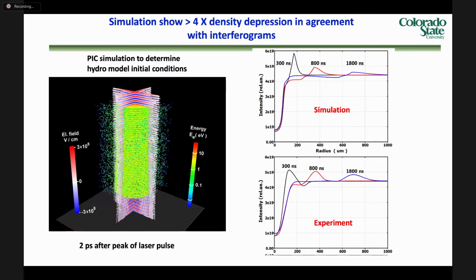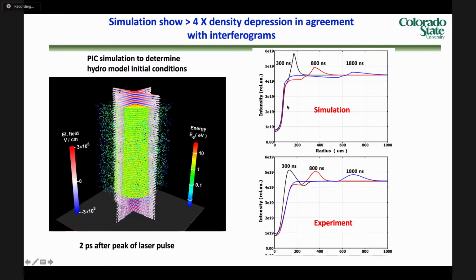And this actually agrees well with particle-in-cell simulations coupled with a hydrodynamic atomic physics code with which we simulated that density depression. We ran PIC simulations for around 2 picoseconds and modeled the channel: what's the density, what's the electron temperature, a few eV, which were then used as an input to the atomic code RADEC by our colleague Slavas Liasev.